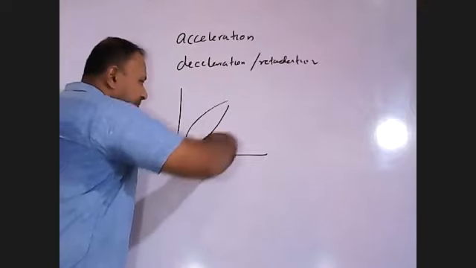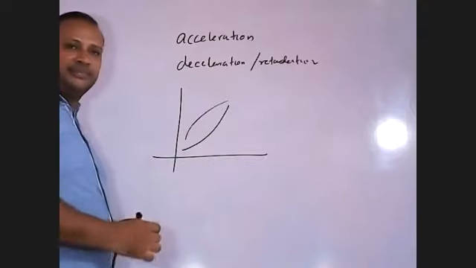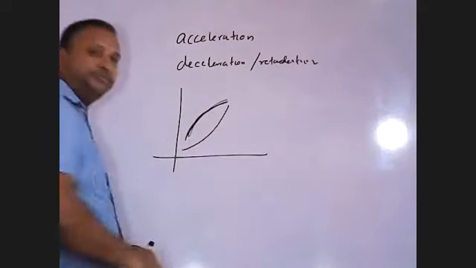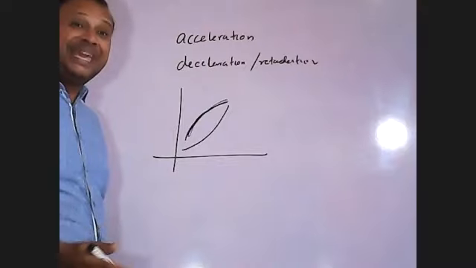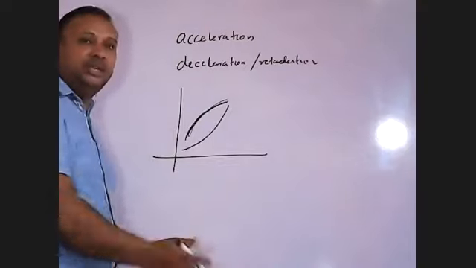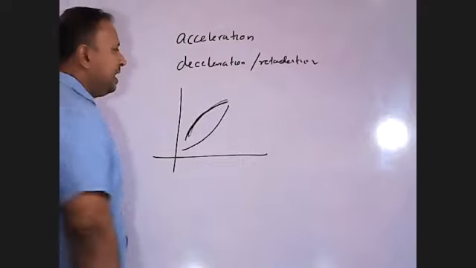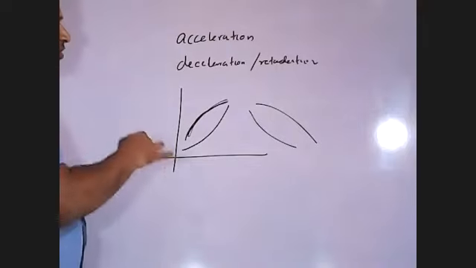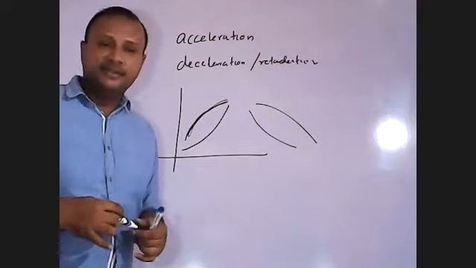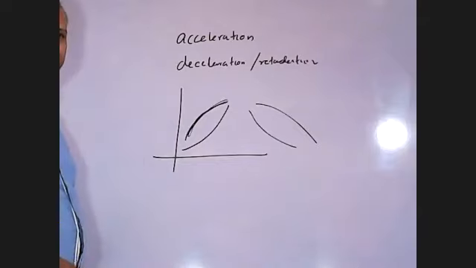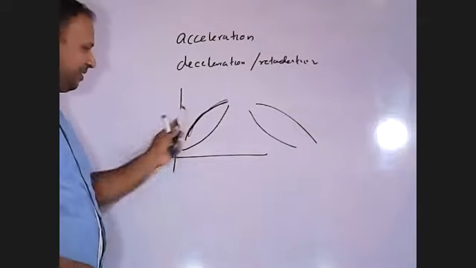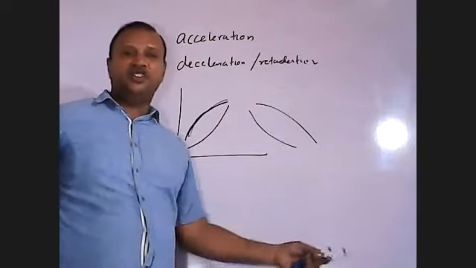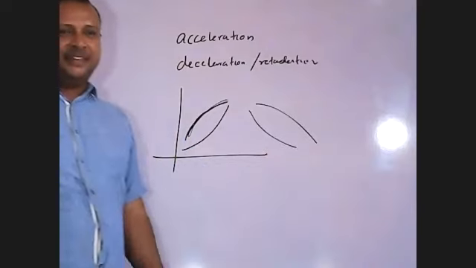It may be that the increment is slowing down, but it doesn't matter. If there is an increment in velocity, that is acceleration. If there is a decrement in velocity, it is a deceleration. That is the way of identifying acceleration and deceleration.